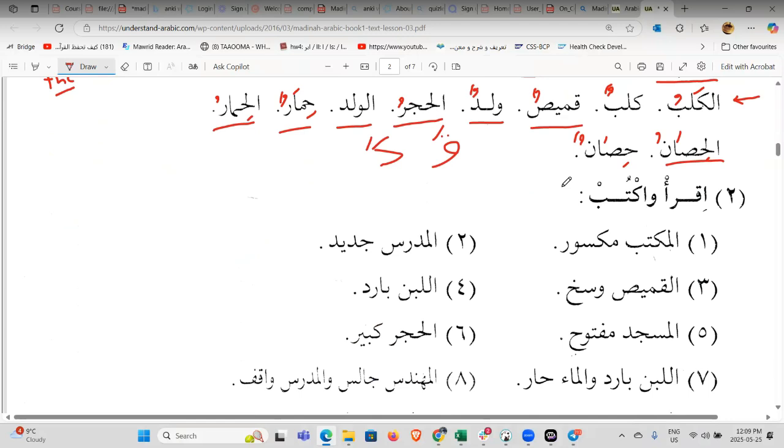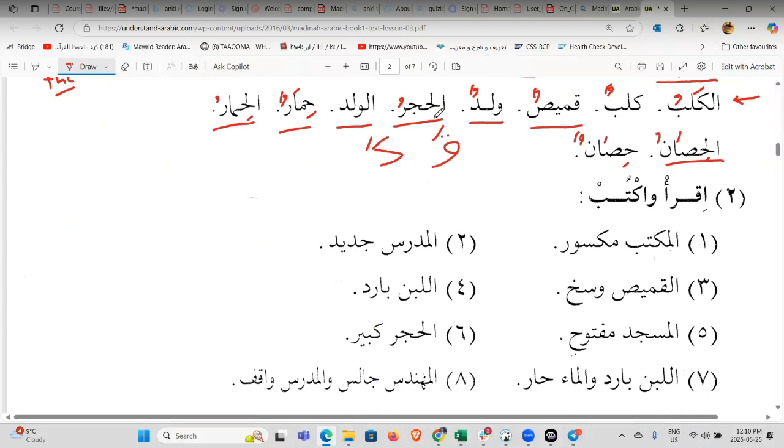So that's why you need to practice. Because when you change the vowels, a lot of the time it changes the meaning. For instance, al-hajar means the rock or the stone, but al-hijr means the house.